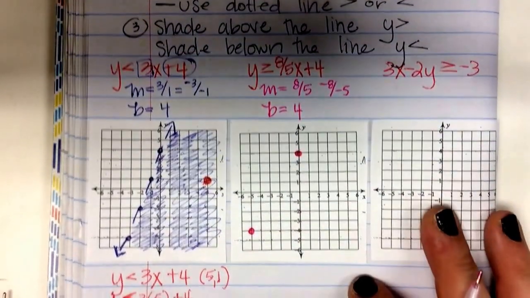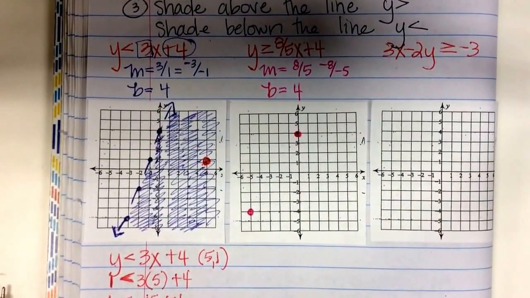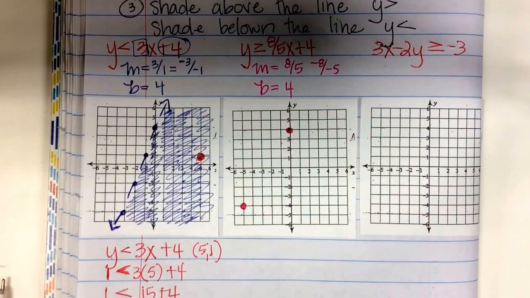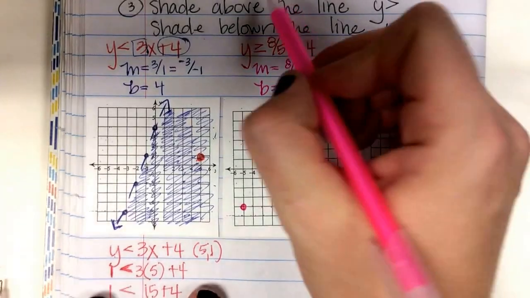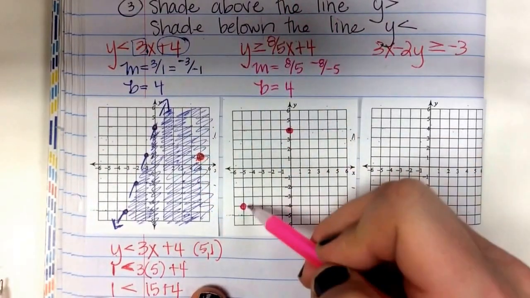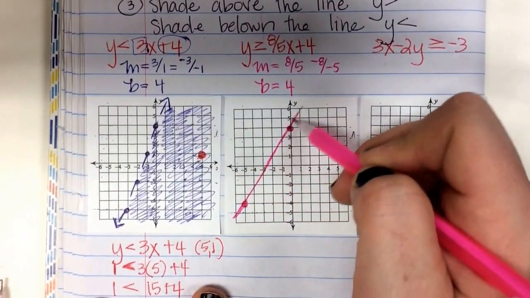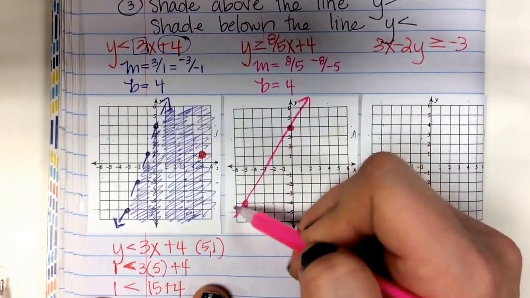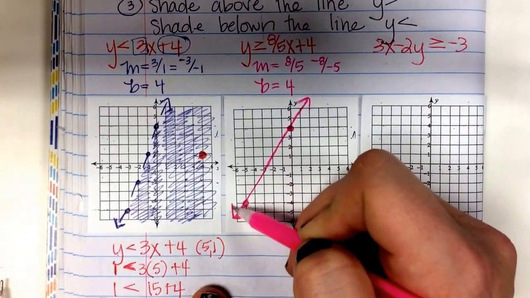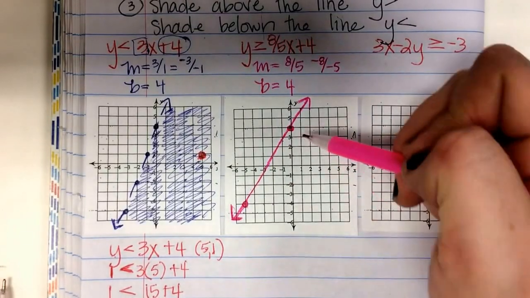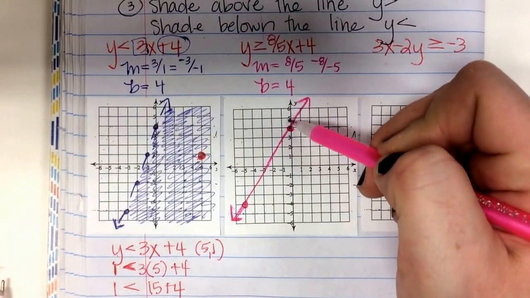I can only get 2 dots on this graph. But, am I going to connect them or am I going to dot it? Connect it because it's got the line underneath. So I connected my dots. And is y greater? So do I shade up where y gets bigger?